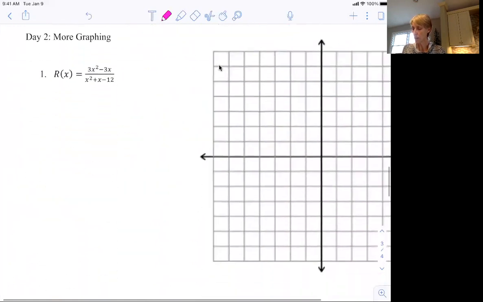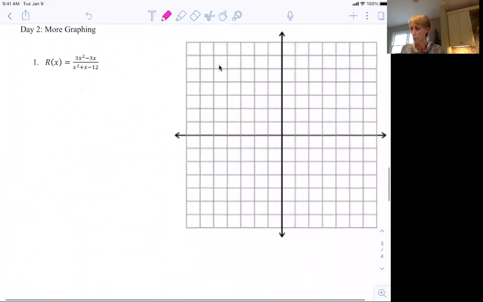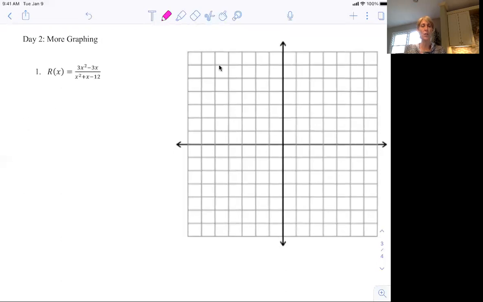Okay, so I'm going to go to the graphs we're going to do today. We want to look at this function first: R of x equals 3x squared minus 3x over x squared plus x minus 12. We start by identifying the domain. So we're going to set the denominator equal to 0. So these are our restricted values.